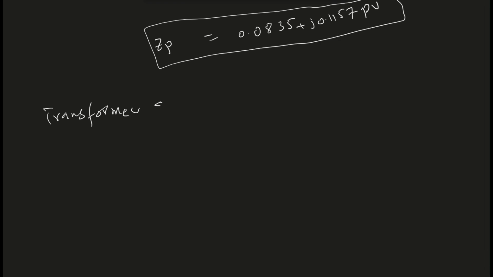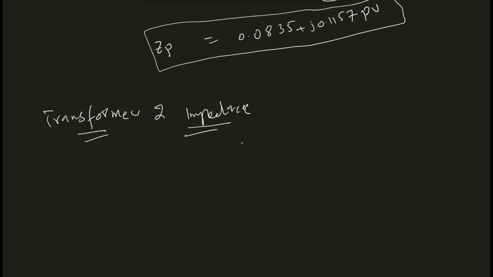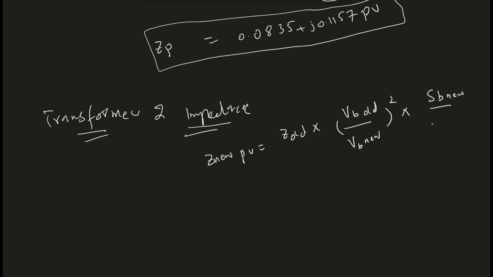So using the same formula, Z new per unit equals Z old per unit times VB old by VB new, whole square, multiplied by SB new by SB old.